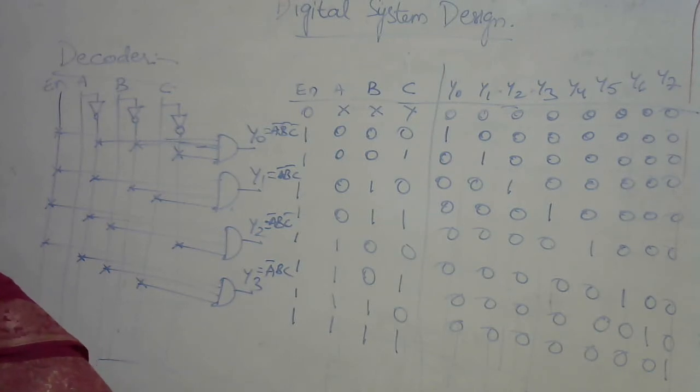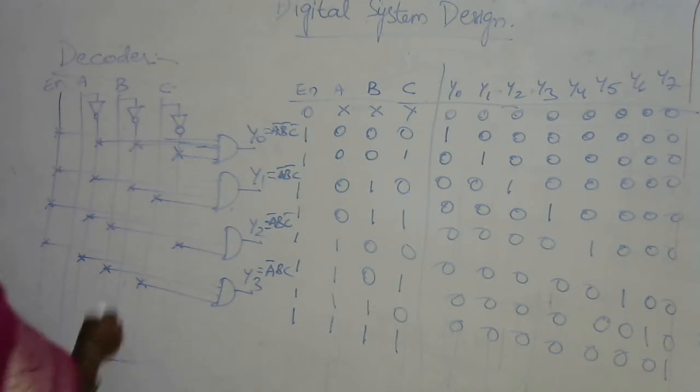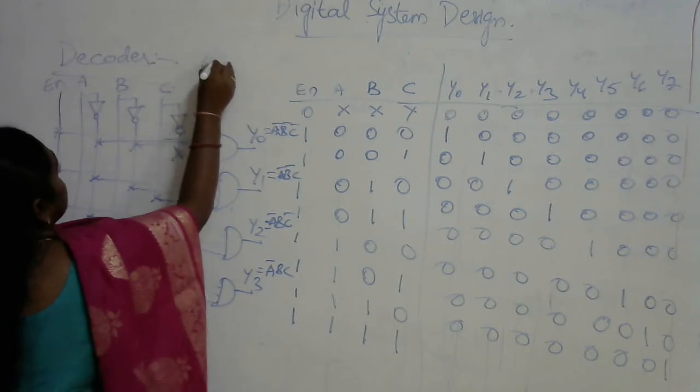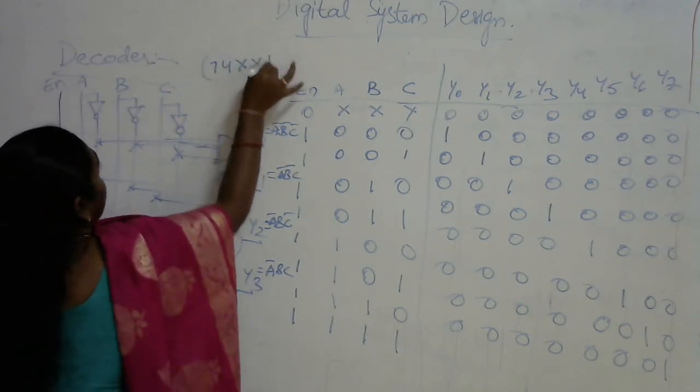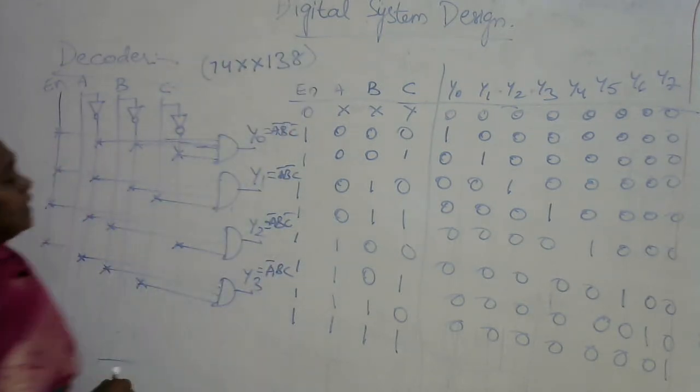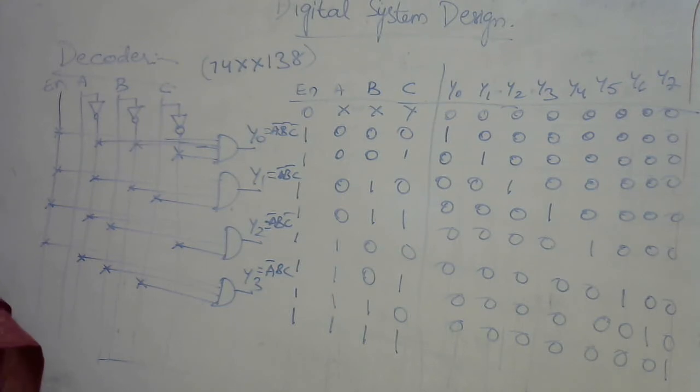And coming to the IC of this 3 by 8 decoder, the IC number for the 3 by 8 decoder is 74XX138, in which it consists of 3 inputs.